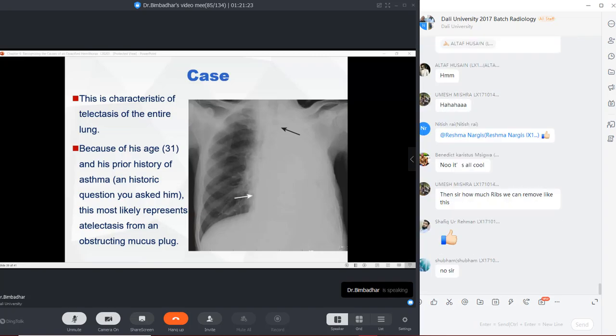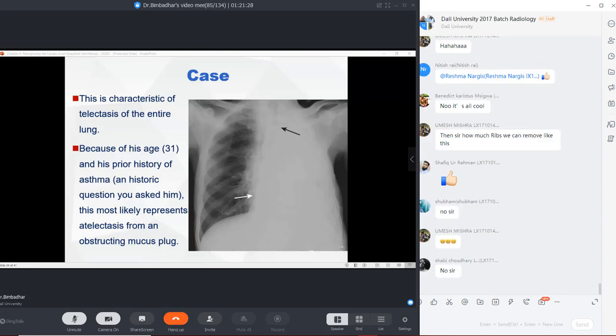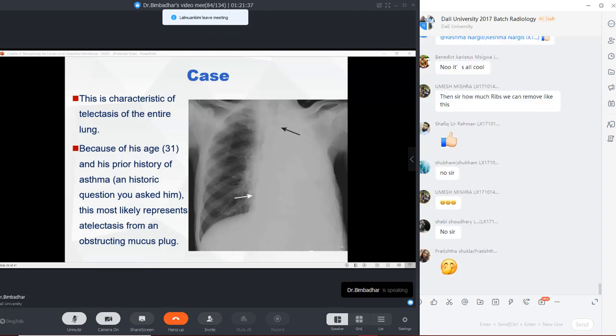Sir, how many ribs can we remove like this? Why are you guys so obsessed with cutting things and removing them? How many ribs? What difference does it make even if I remove all 10 ribs?